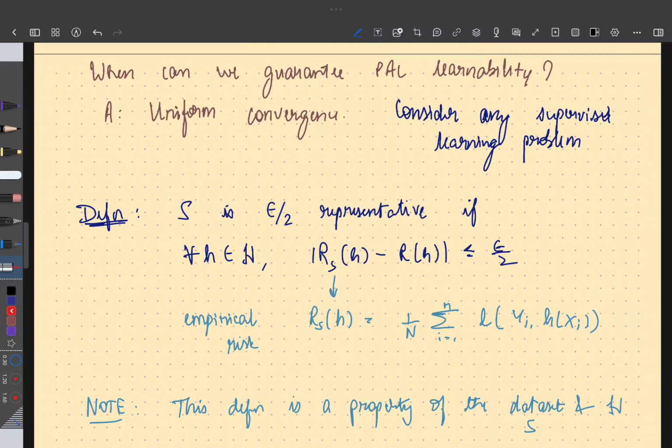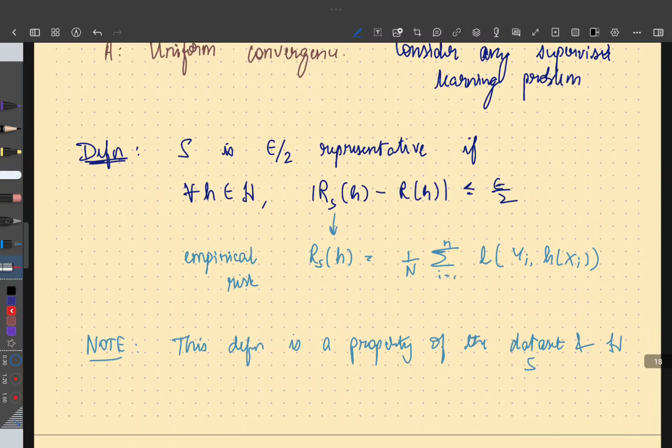One sufficient condition for PAC learnability is this notion called uniform convergence. Loosely speaking, uniform convergence says that a finite number of samples is enough to ensure that all of the empirical risks are arbitrarily close to their actual risk, the generalization errors.